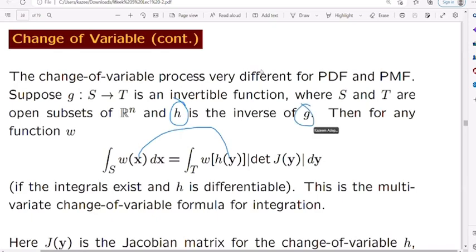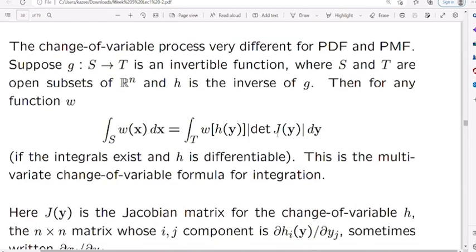So h of y is replacing x, then multiply by the determinant of the Jacobian. I'm going to show you how the Jacobian is obtained, depending on whether you're dealing with 1 to 1 or 2 to 2. So the derivative of h of y here is what we call the Jacobian matrix.